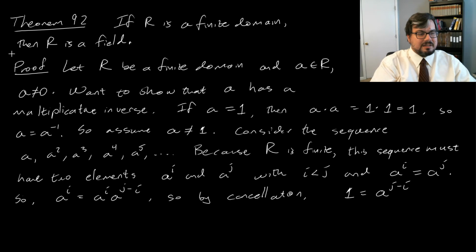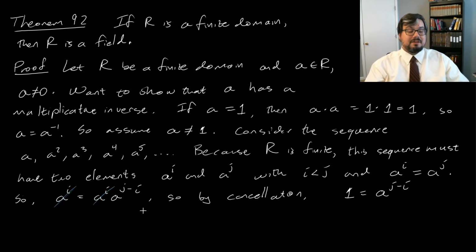So what we've done here is we've canceled the a^i's on the two sides of the equation. We could treat the left-hand side, of course, as being a^i times 1, and we can cancel both the a^i's.